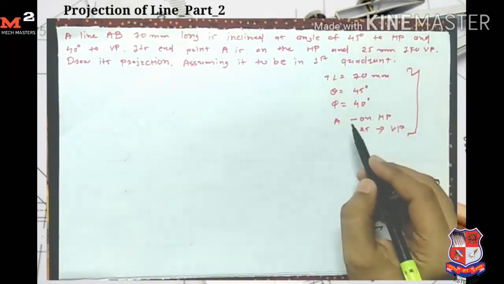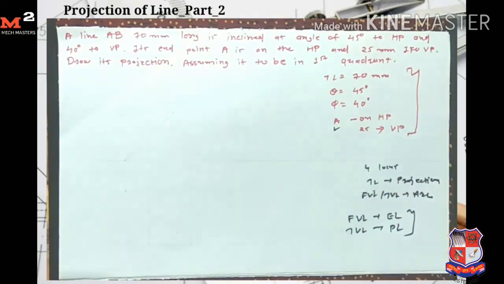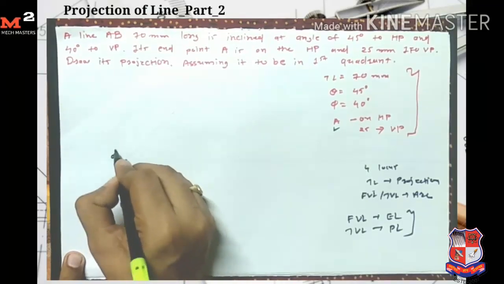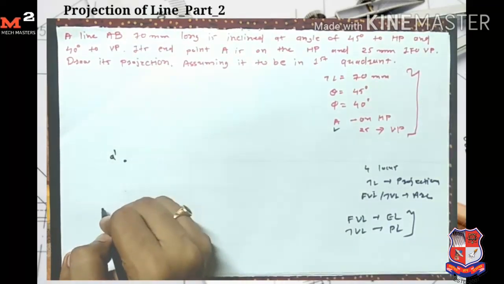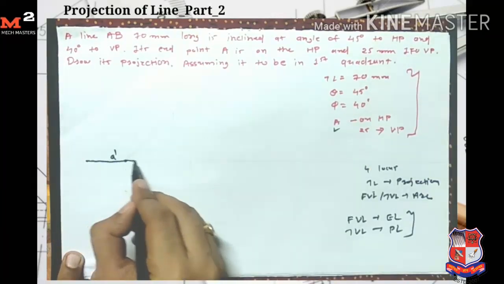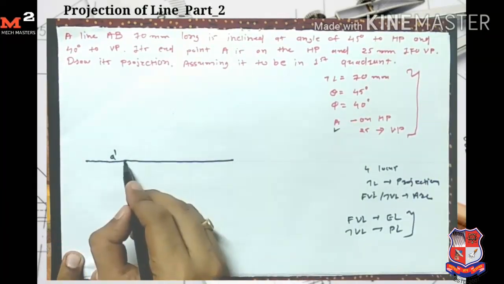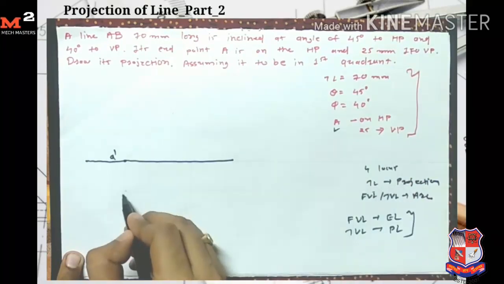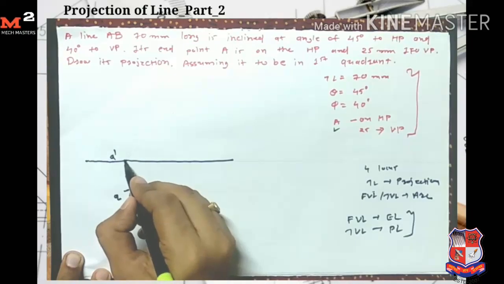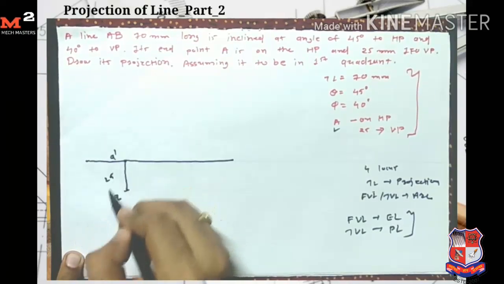Let's solve this problem. First I mark the point A. For point A, the condition given is that the point is on HP, so I get the point A dash here, which is the front view of point A. Then 25 mm in front of VP. This is my reference line, so from here I take the 25 mm distance and mark the point A. This distance is 25 mm.